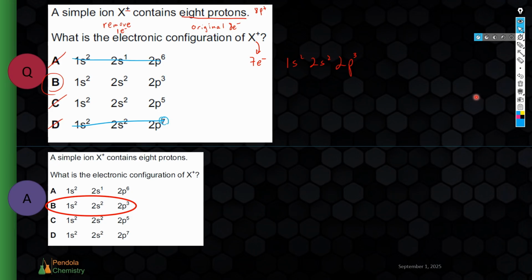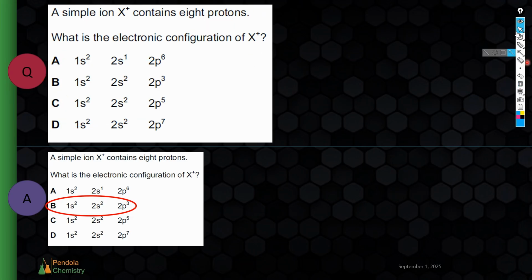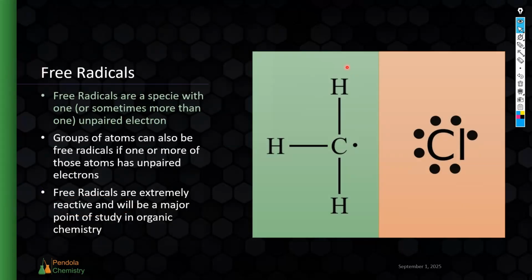So that's the electron configuration for the ions of the elements. We're going to look at one more thing, because sometimes when you do electron configuration, or when you do ions and you remove electrons or add electrons, you end up with something that we will need to discuss much more in depth when we do organic chemistry, but we're going to introduce right now.